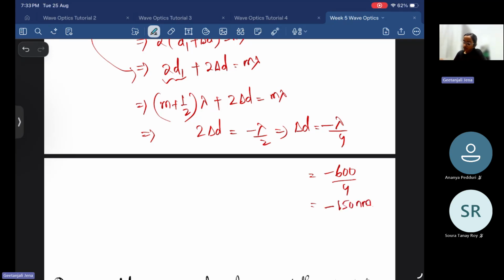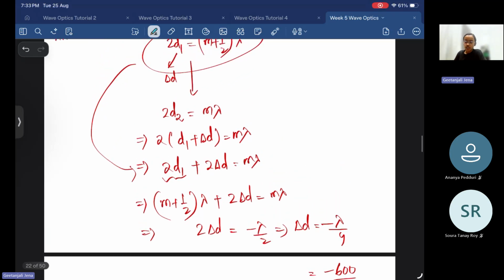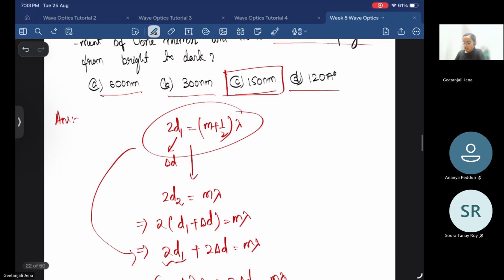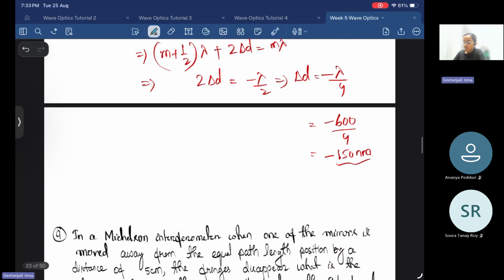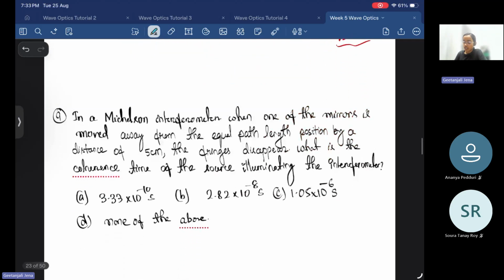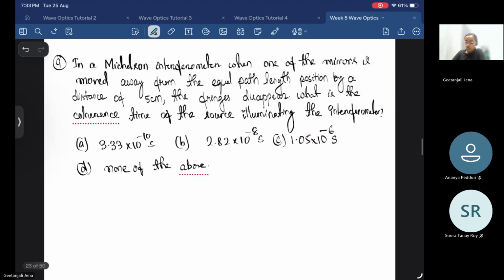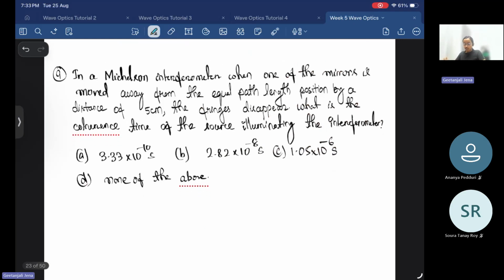So the answer is saying you need to decrease the separation by a distance of 150 to change the central fringe from bright to dark. Okay. So is the solution clear to you? Let me know if you have any doubt in any of these steps. So for now, let us see question number 9.